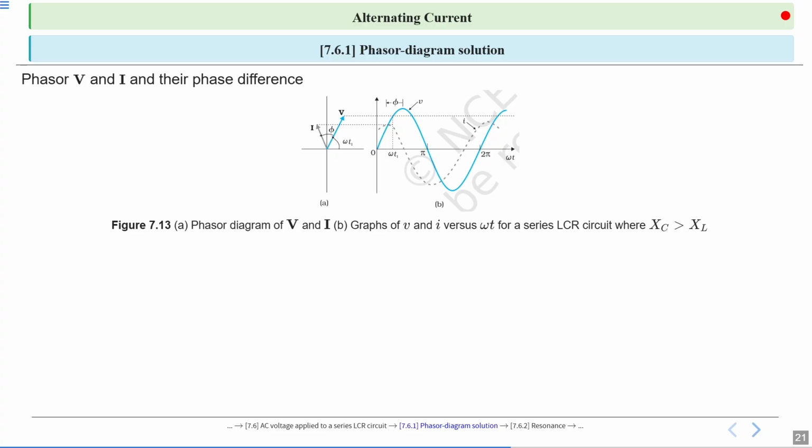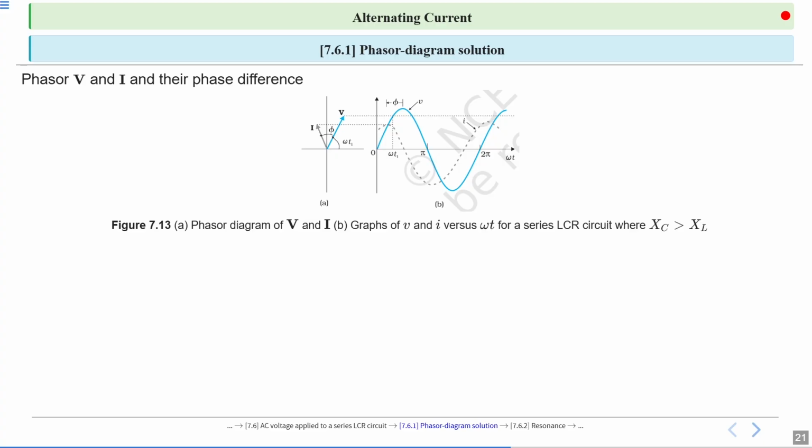Voltage starts from 0 and reaches its maximum value at pi by 2. But the maximum value of current is reached at some other phase angle.